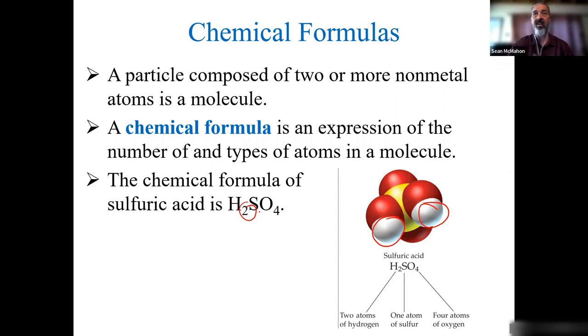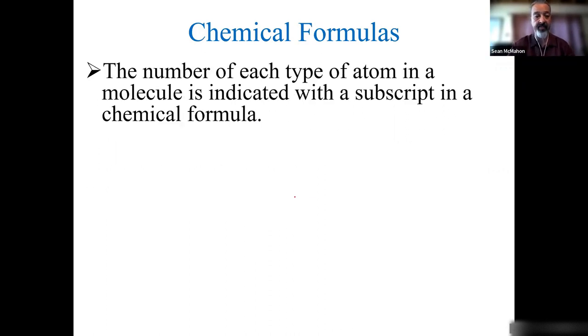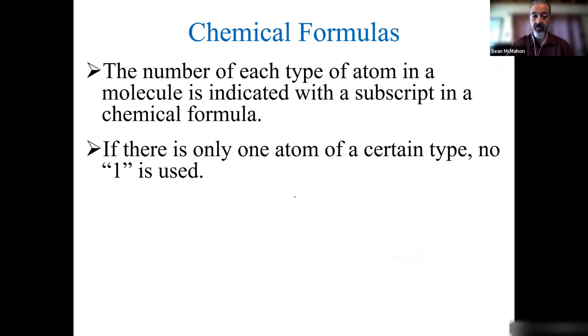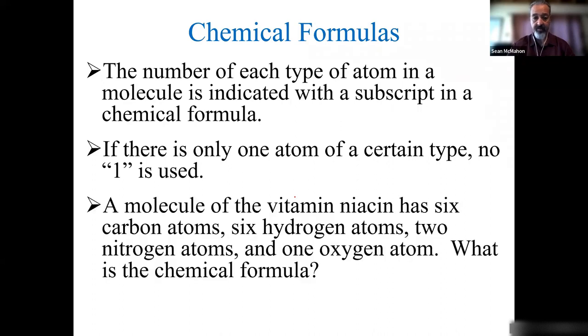It's already inferred because you wrote the elemental symbol. But that's what this yellow ball is. It's the sulfur. And then we have the 4 oxygen, and those are the 4 reds. So here's a 3D rendition of this molecular formula for sulfuric acid. So again, if there's only 1 atom, there's no need to use a 1.